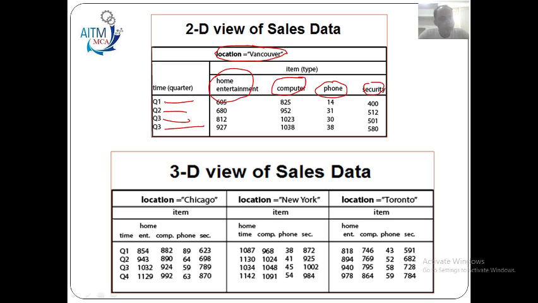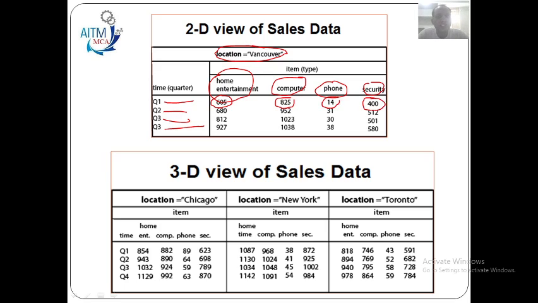Now in the first quarter, home entertainment is 605, then 825 in computers. I am talking only about the first quarter: phone is 14, and the figure is 400 for security.